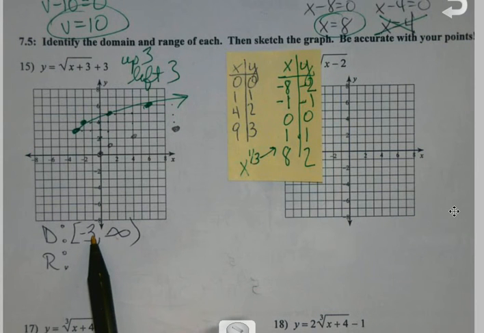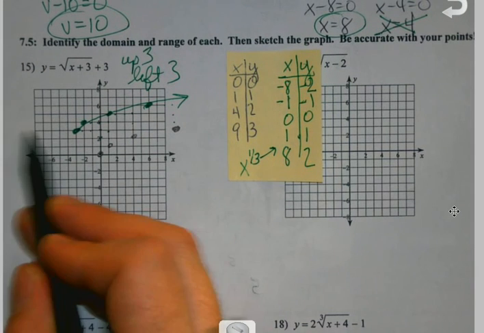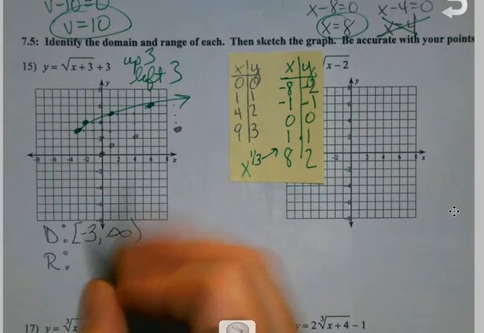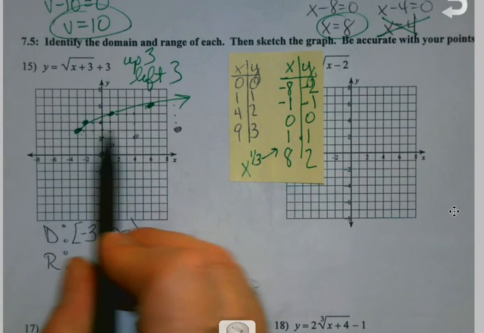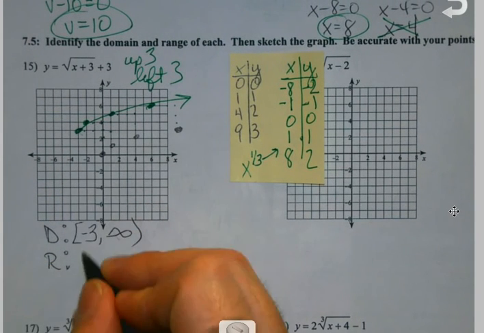Okay, what about my range? 0 to... wait, did we move up or down? Right, here's my start. I'm not starting at 0. It's 3.